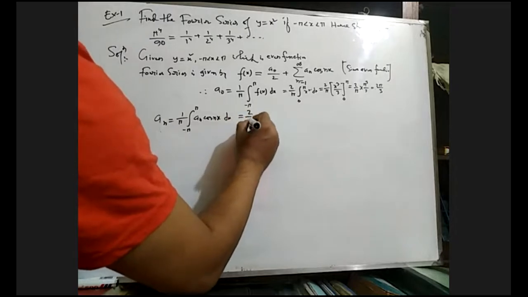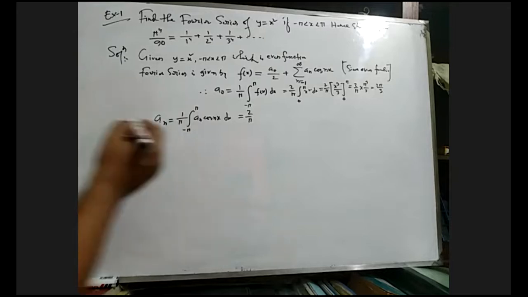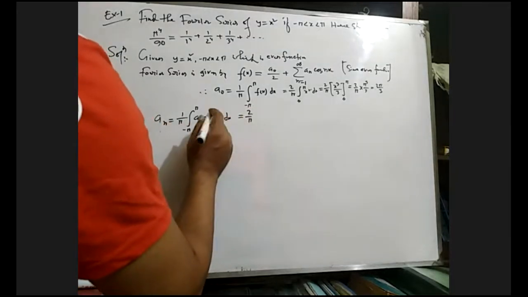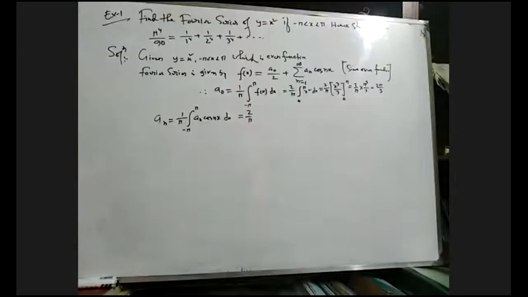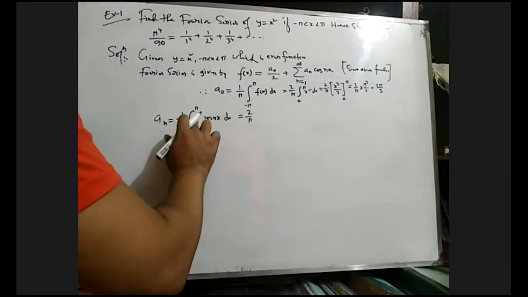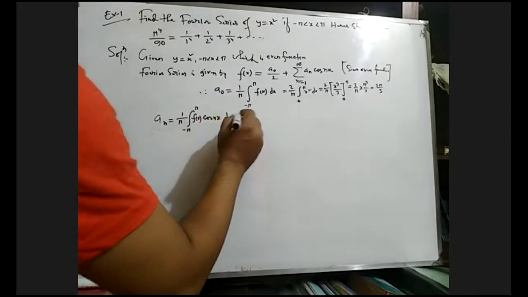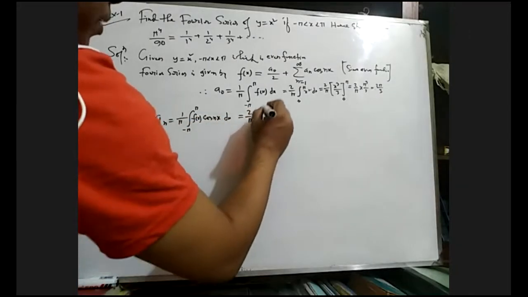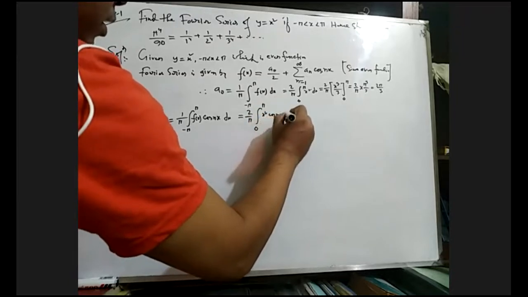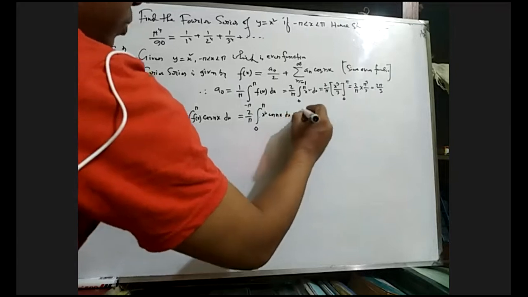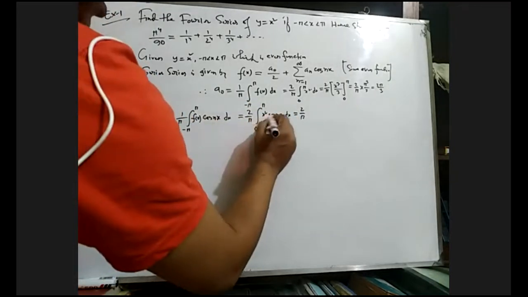So it can be written as twice by pi. Sorry, there will be f of x, not n. This will be f of x. So 0 to pi, f of x means x square, cos nx dx.